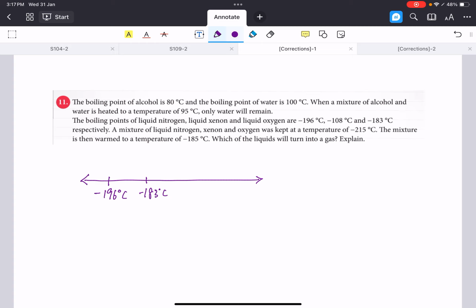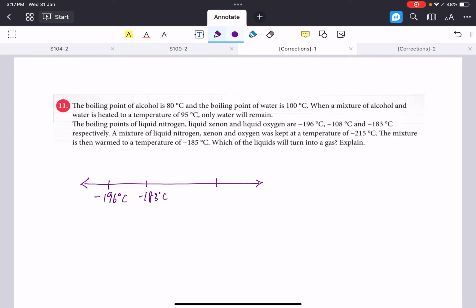And then somewhere a bit further out, the value between these 2 is quite small, but the next one is almost -80, so it's a bit further out. We try to be as accurate as we can. Of course, we don't need to insist you are 100% accurate here, but it should be reasonable. There should be more space between -183 and -108 than between -196 and -183, okay?